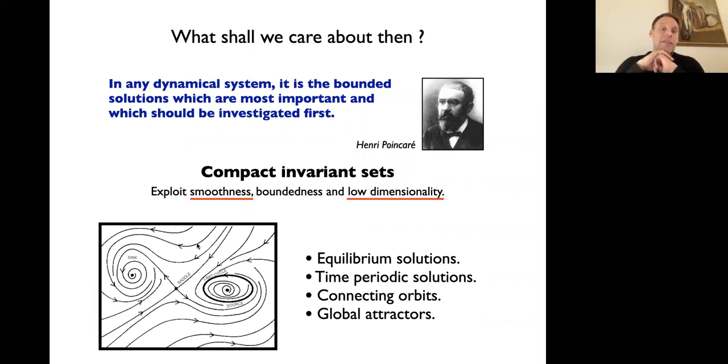So each point is in an infinite dimensional space, but the actual objects which are bounded are very low dimensional. An equilibrium is 0 dimensional, a periodic motion is 1 dimensional, and connecting orbits are also 1 dimensional objects. These objects act as an organizing center for the general dynamics, and they're often low dimensional and very smooth.